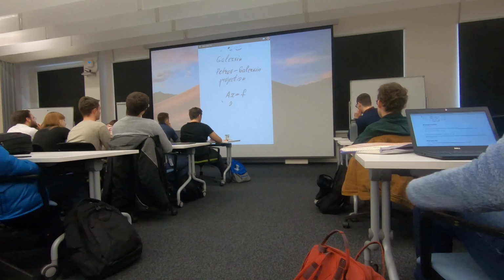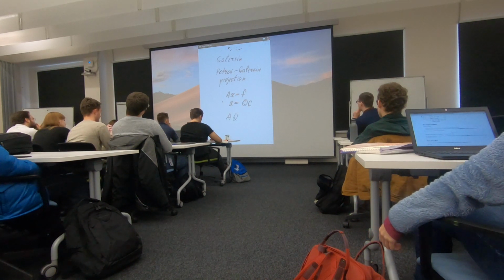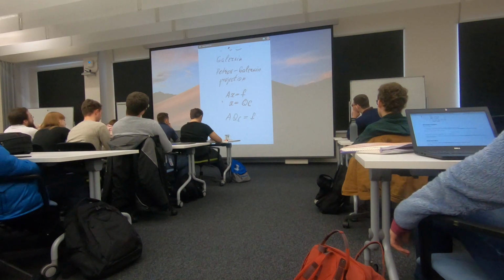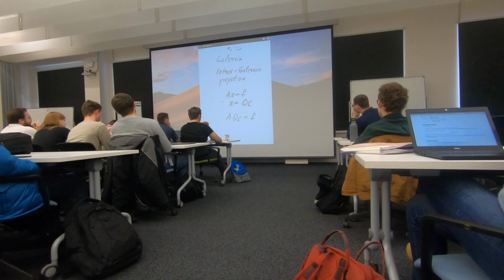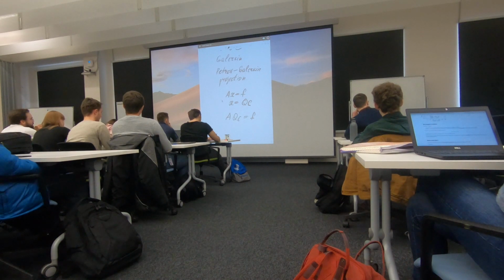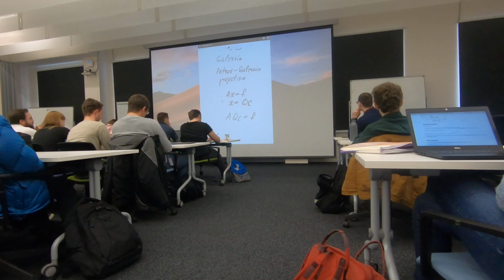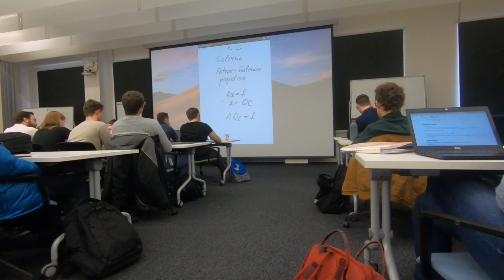We know that X is QC, right? So we have this equation for C. We now have more equations than unknowns, and one option is to solve, for example, a linear least squares problem. But we assume that this system of equations is more or less consistent, so there is a solution C such that the difference between the left side and the right side is small.